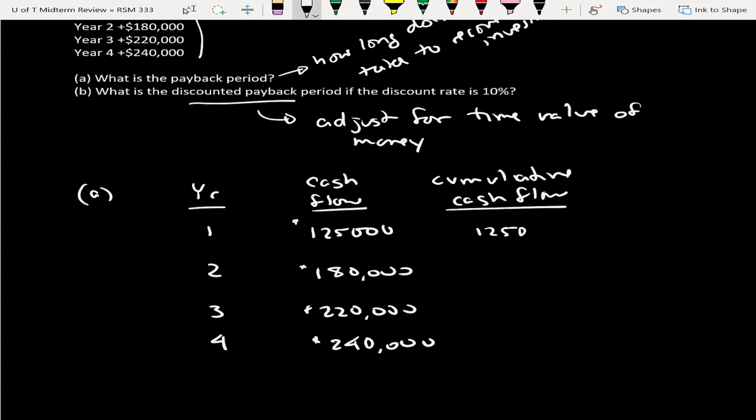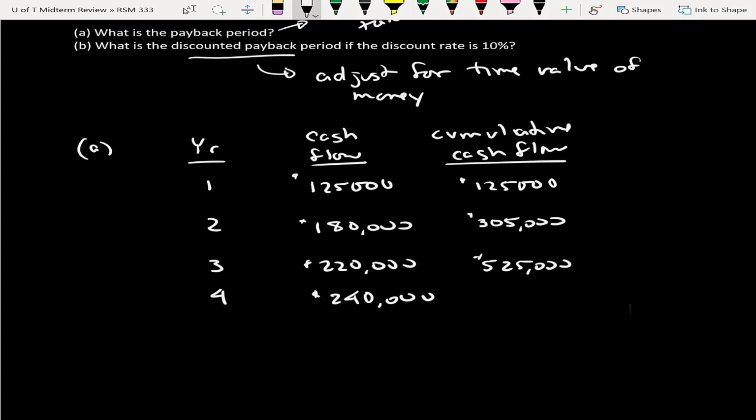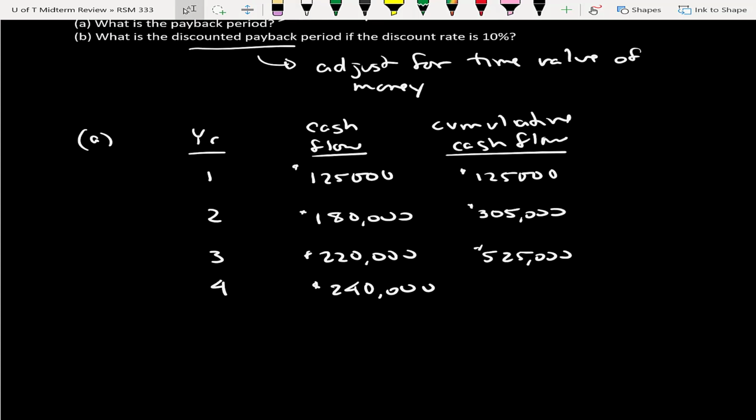At the end of year one, it's going to be the 125,000 that we earned. At the end of year two, it'll be the 125 plus the 180, so the 305. And then add 220 for the end of year three, we get 525. So you can see I've already recovered the 500. I don't need to do the last one, but let's do it anyways. 765. So right here is the break even, or the payback.